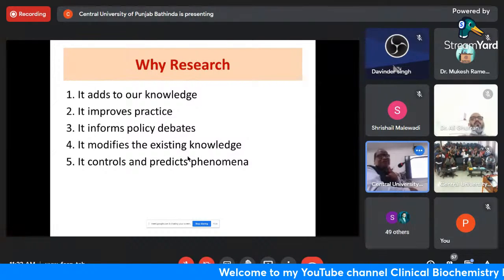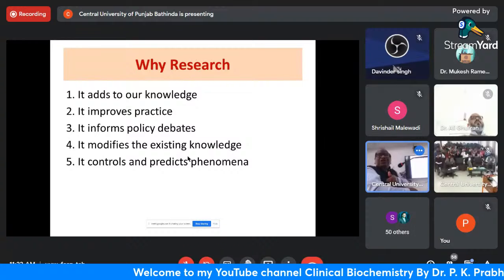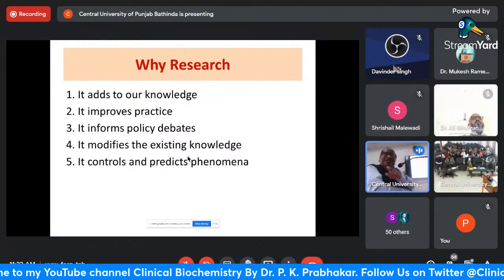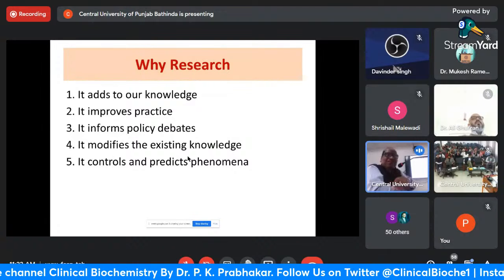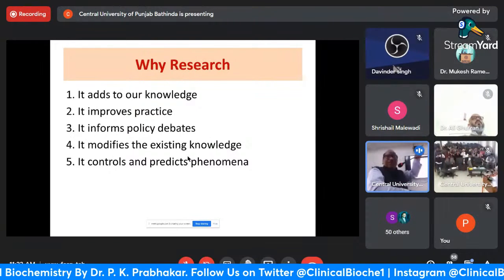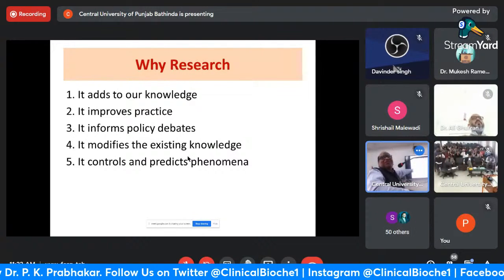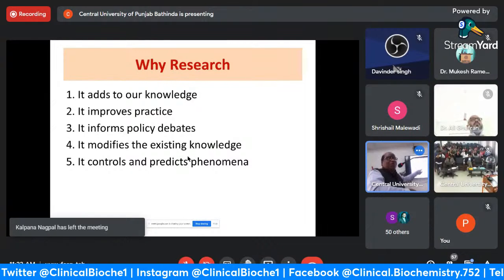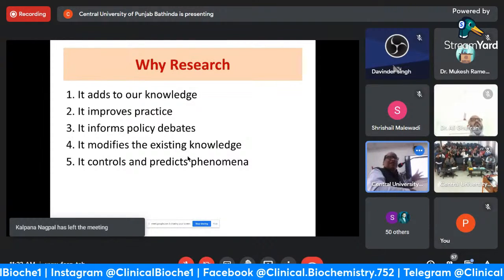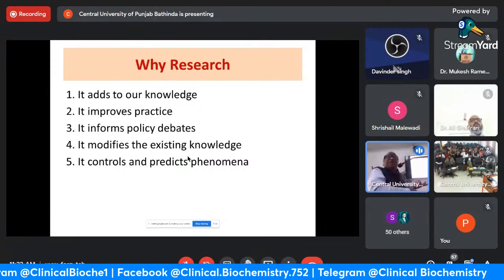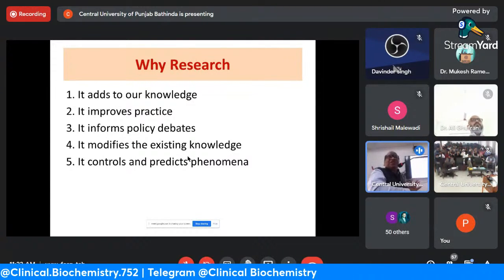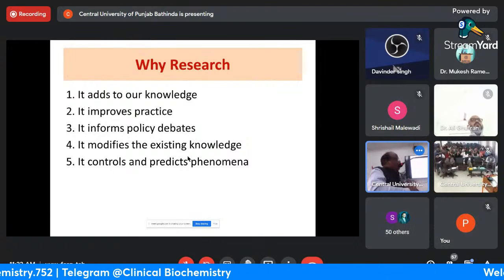A researcher should conduct research not only for getting a degree, but his research endeavor should be directed towards these primary objectives. If so, it will definitely have significance for society and will yield something for the quality of life of the people.